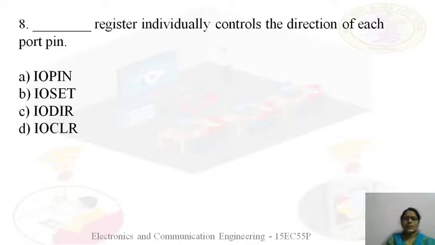Dash register individually controls the direction of each port pin. IO pin, IO set, IO DIR, IO CLR. So which register is used to control the direction of a port pin? So the answer is C, IO DIR, that is the general purpose port direction control register.